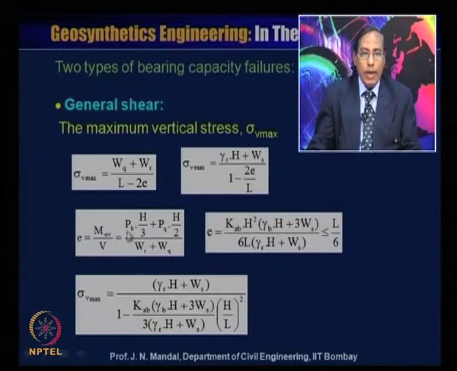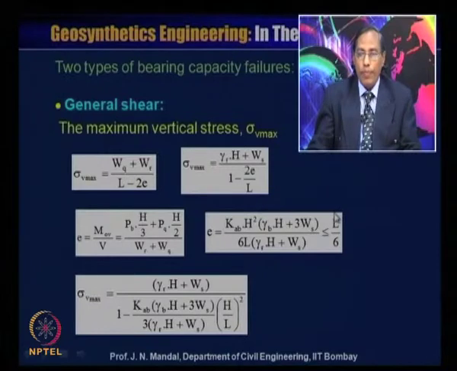And eccentricity is MOV by V, so you know this PV into H by 3, this is PQ into H by 2, divided by V, meaning WR plus WQ, and from here you can calculate the E value. E value will be KV into H square into gamma V into H plus 3 into Ws divided by 6L into gamma of R into H plus Ws, and it should be less than or equal to L by 6.